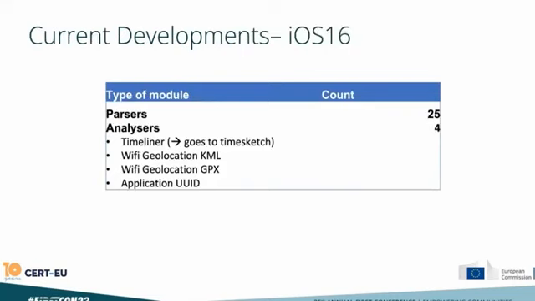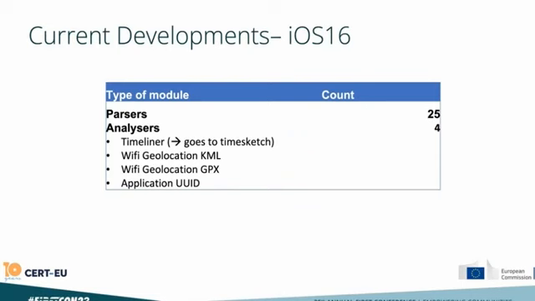So today, what we do have on the repository is 25 parsers plus a demo one, and 5 analyzers plus a demo one. The two important ones today are the timeliner, because then you can directly start searching in Timesketch, which we found super valuable. And from Timesketch, you can then also start ingesting IOCs.